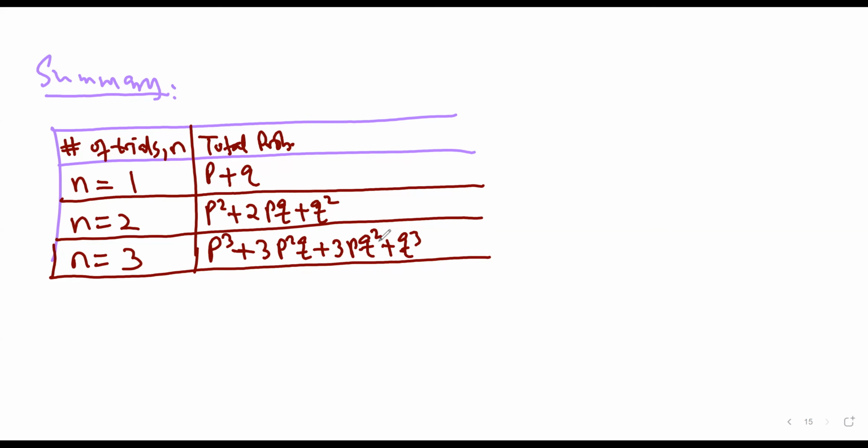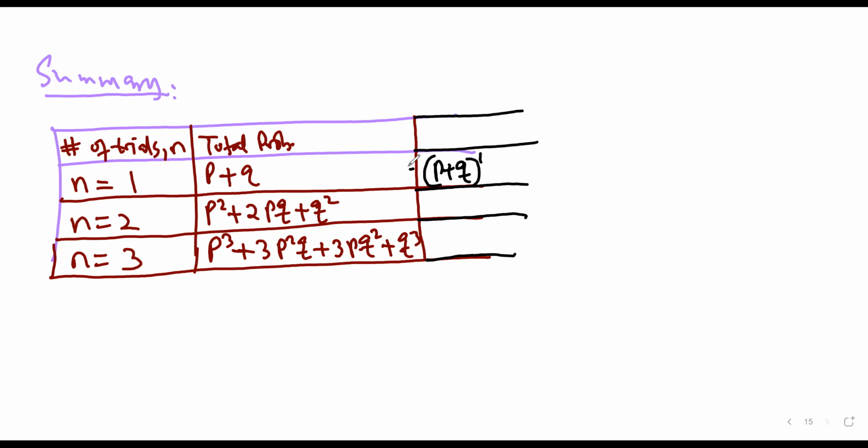I don't know whether these kinds of expressions are ringing some bells. But you will notice that the first expression, when n is equal to 1, is similar to taking P plus Q raised to power 1.